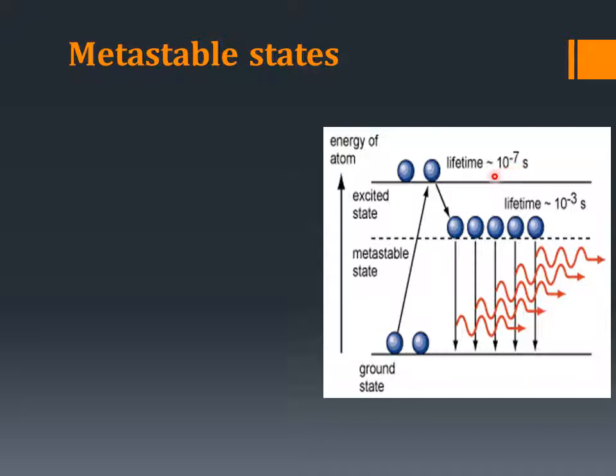From this higher excited state, the atom comes down to a lower state called the metastable state, where it resides for a longer period of time, of the order of 10 power minus 3 seconds. And it is from this metastable state that the atom emits laser light as radiant energy and gets transferred back to the ground state.